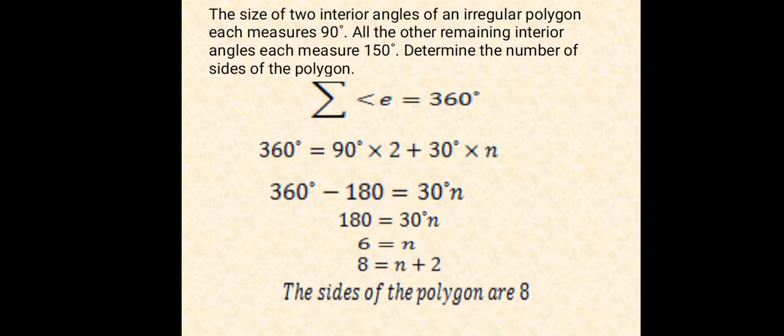We find that n is equal to 6. Since we already had two angles, we add those two to the value of n, 6, and so we find that the polygon has 8 sides.